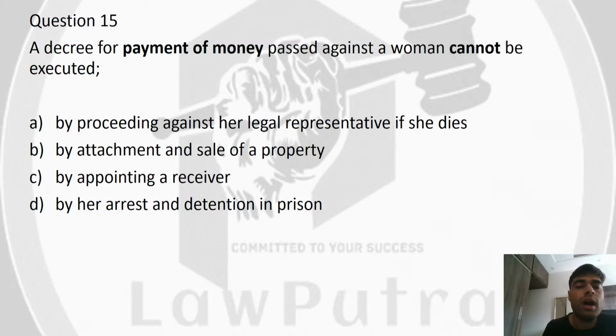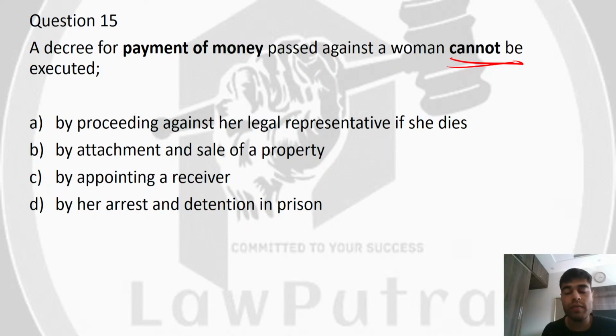Next question. A decree for payment of money passed against a woman cannot be executed by proceeding against her legal representative if she dies, by attachment of property, by appointing a receiver, or by her arrest and detention in prison. Read the question again: a decree for payment of money passed against a woman cannot be executed in which of the ways?